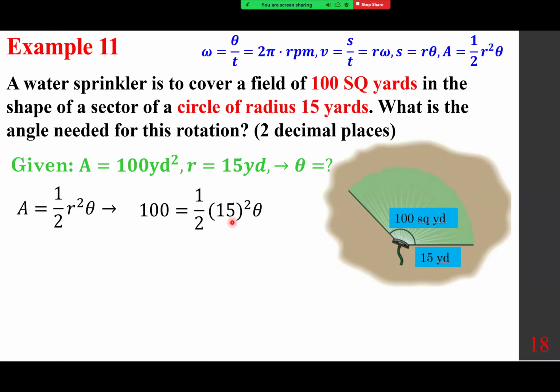Of course, 225 divided by 2 is 112.5. So this is the exact answer in radians.